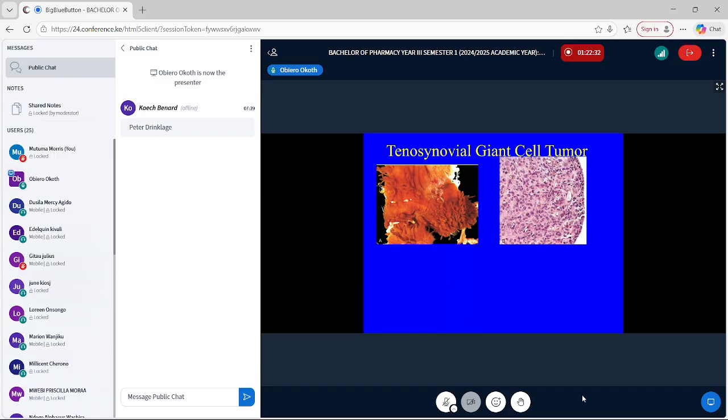This filiform structure you're seeing here is coming from the synovium. This is most likely the diffuse type. Tenosynovial giant cell tumor. In this one, I'm not seeing so many giant cells, I'm just seeing mononuclear cells.